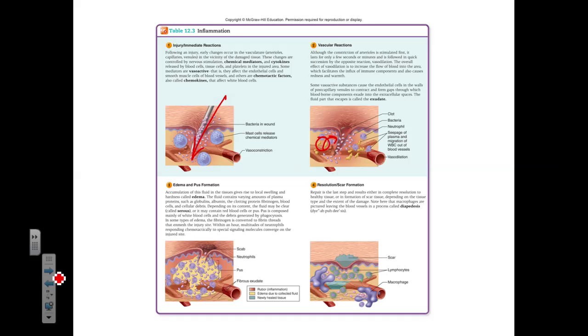We are then going to have more and more white blood cells, particularly neutrophils, enter the site of infection to destroy the bacterial cells that are rapidly reproducing. As more and more neutrophils enter the site of infection, they will die off and form pus.